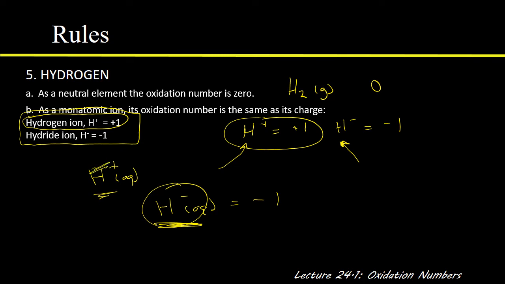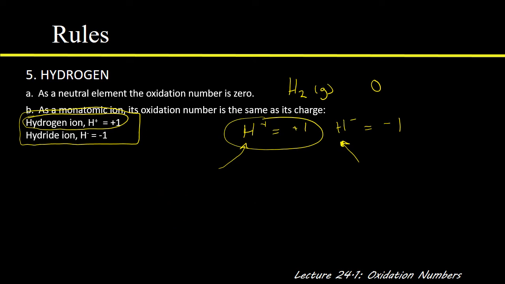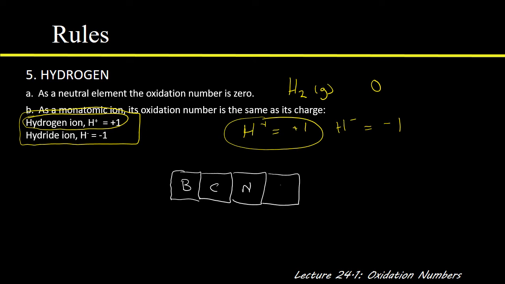Okay. Now, when it's in a compound, it can be either +1 or -1. And the way to tell goes back to the other rules that we've already talked about. The most electronegative element gets its preferred anionic charge. Now for hydrogen, hydrogen is odd. We usually use the periodic table to determine electronegativity.